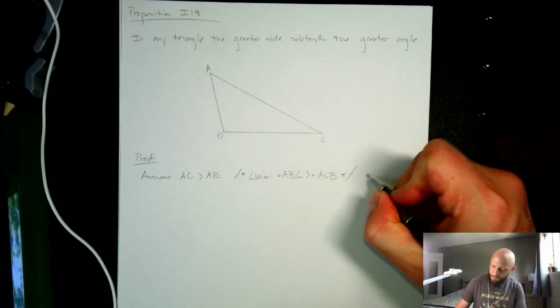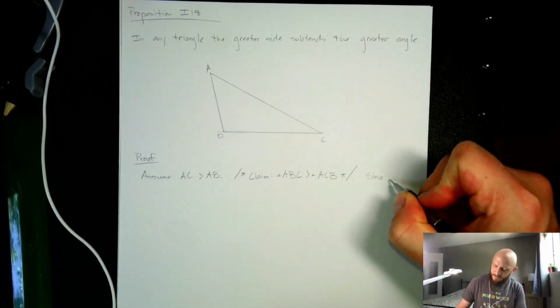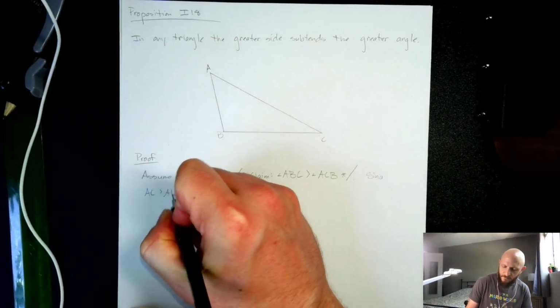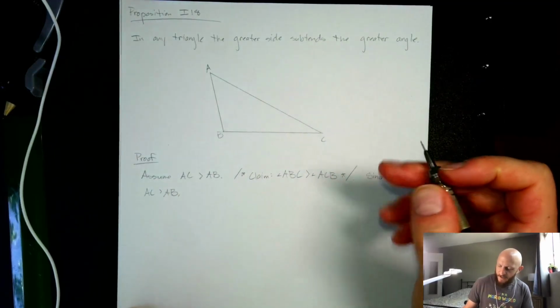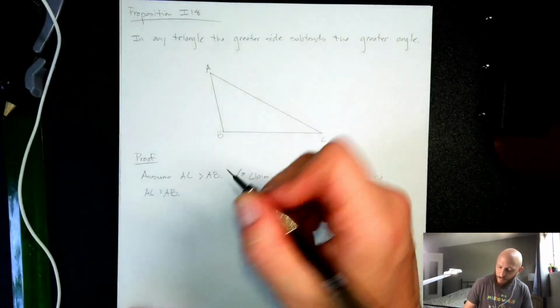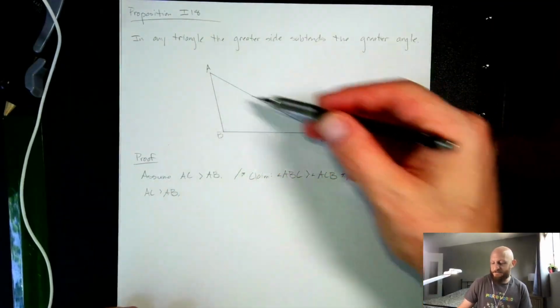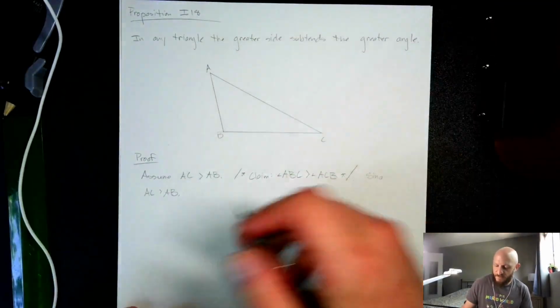Well, since AC is longer, we can cut off on AC a segment AD, such that AD equals AB.